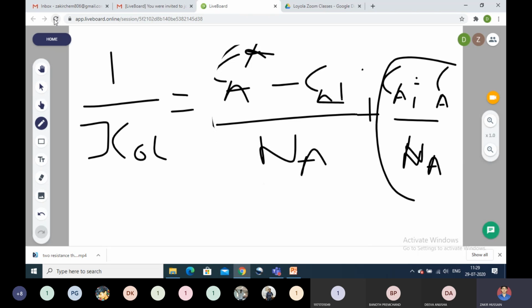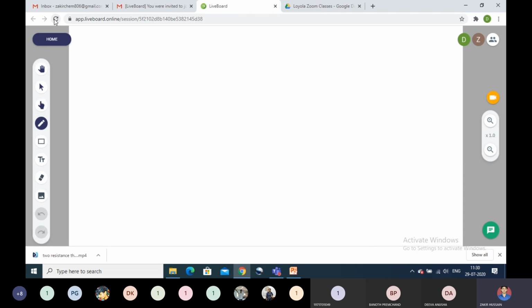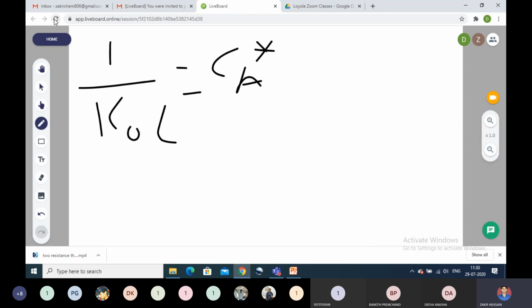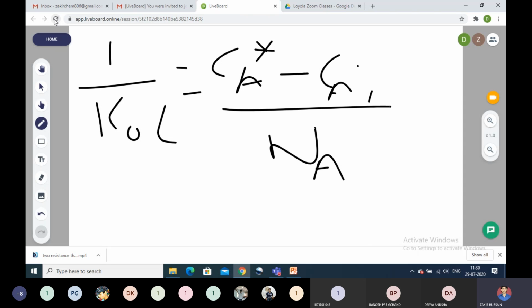So 1 by KOL is equal to Ca star minus CAI by Na, plus, instead of that whole quantity, we can write simply the individual mass transfer coefficient 1 by KL from equation number 3.